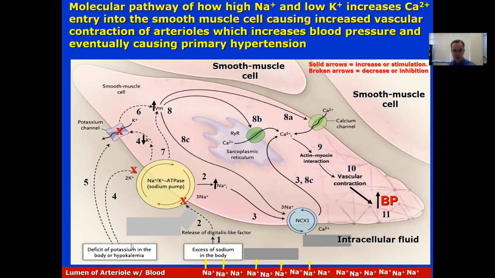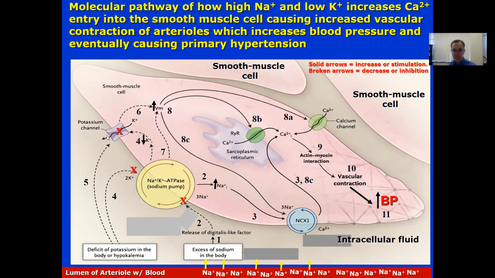Likewise, when you have a deficit of potassium in the body, along with an increased sodium in the body, again, that's going to contribute to the stoppage of the sodium pump, which is going to prevent potassium from entering, which is going to reduce new potassiums from entering into the vascular smooth muscle cell. Well, this is going to close off the potassium channel.